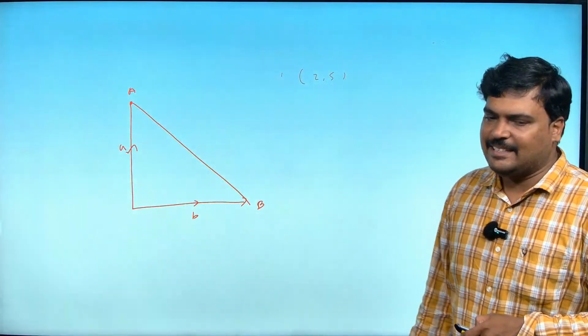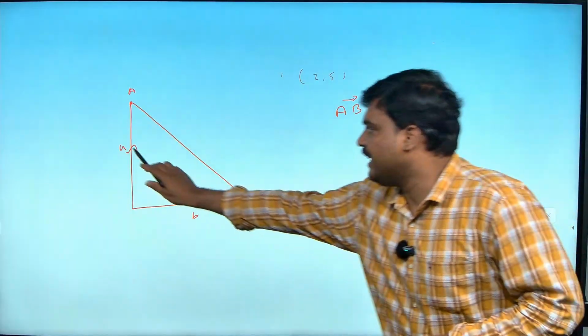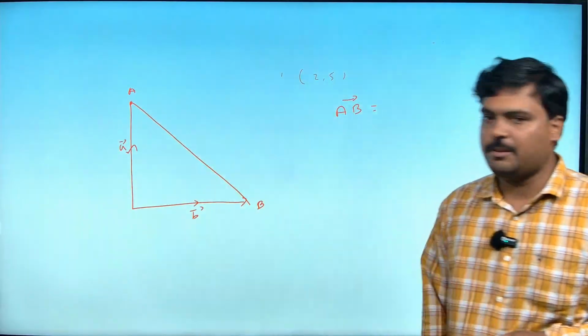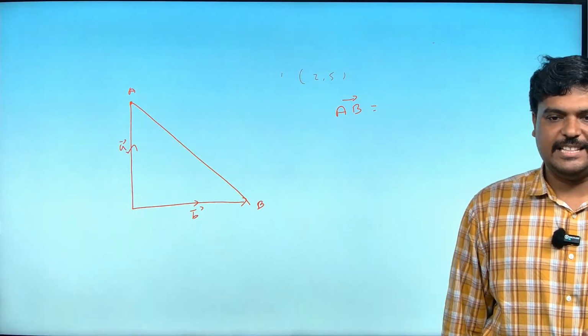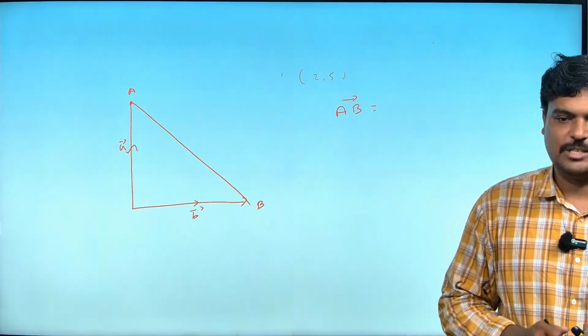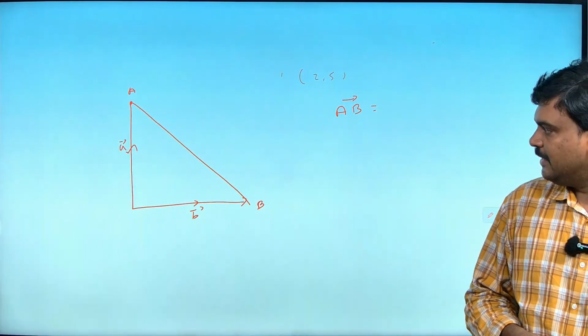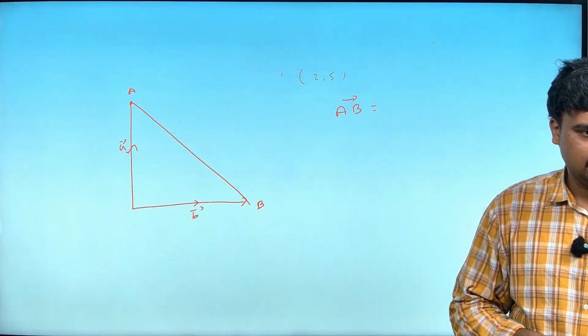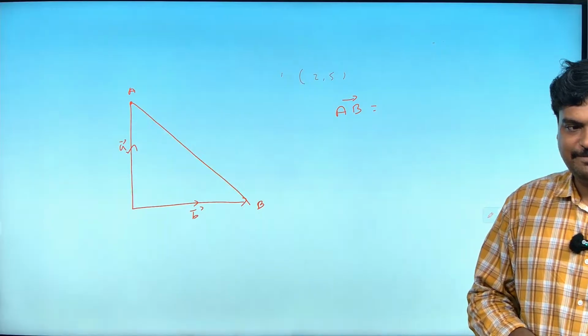Okay guys, listen, what is ab vector in terms of a and b? Can you tell? Everyone pay attention, in the last class you didn't focus on this much. A vector plus b vector, small a vector plus small b vector.